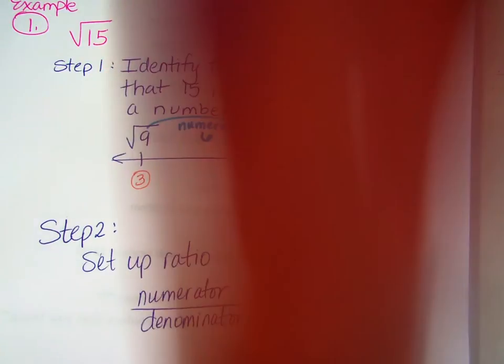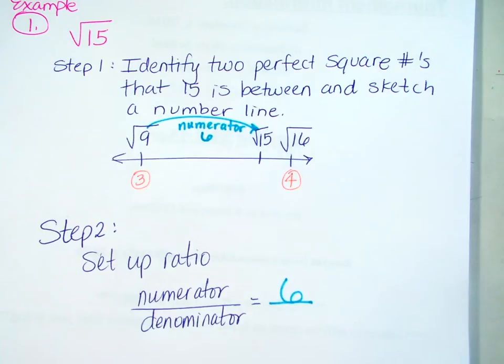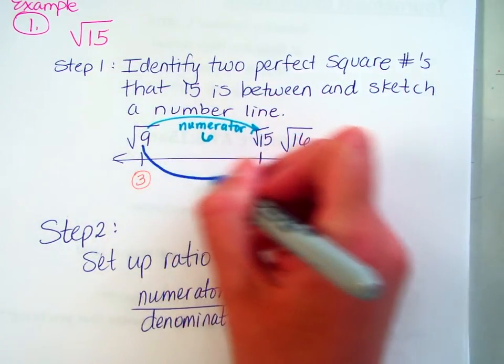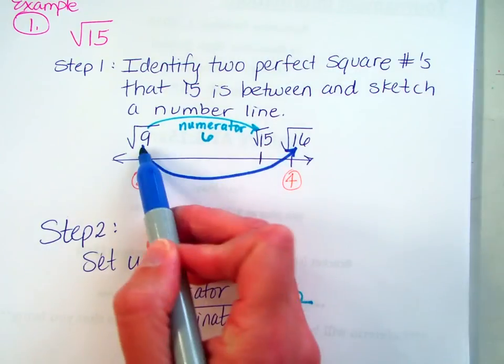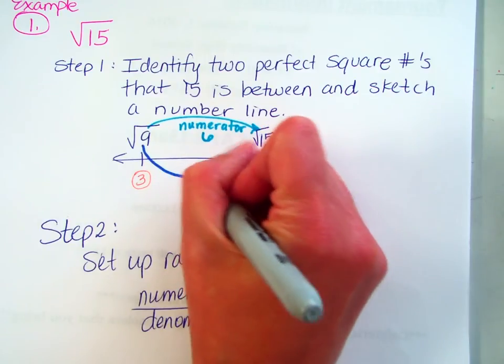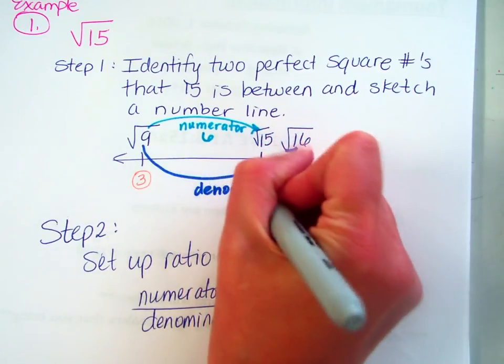And then my denominator is from 9 to 16, which is 7, yeah?